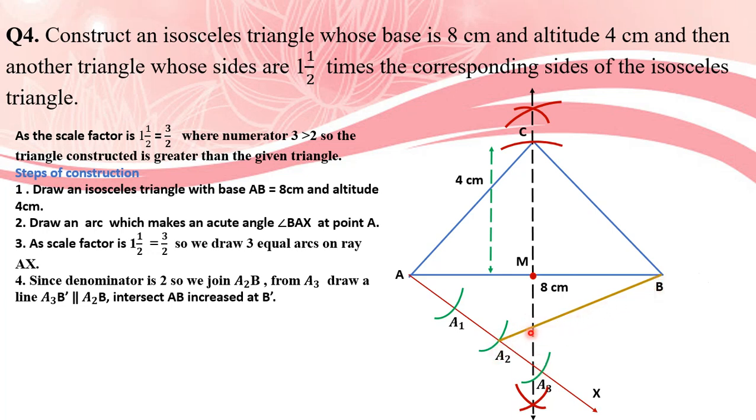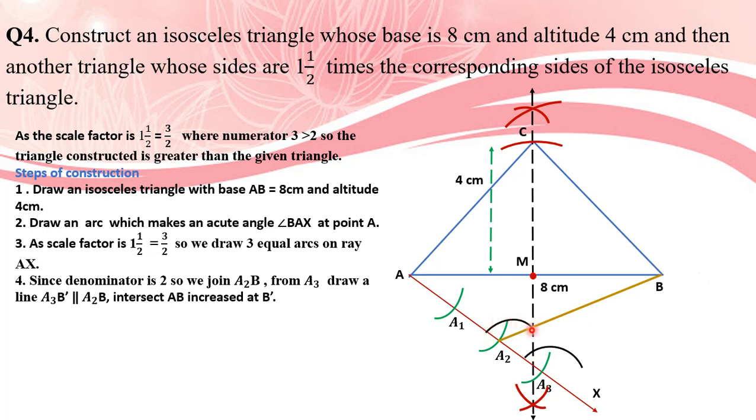Now the method is the same. Take the compass and open the compass for any radius, and with A2 as a center cut an arc. With the same radius, place the pointer at point A3 and cut an arc. Now measure the opening of this arc which makes the angle at A2.